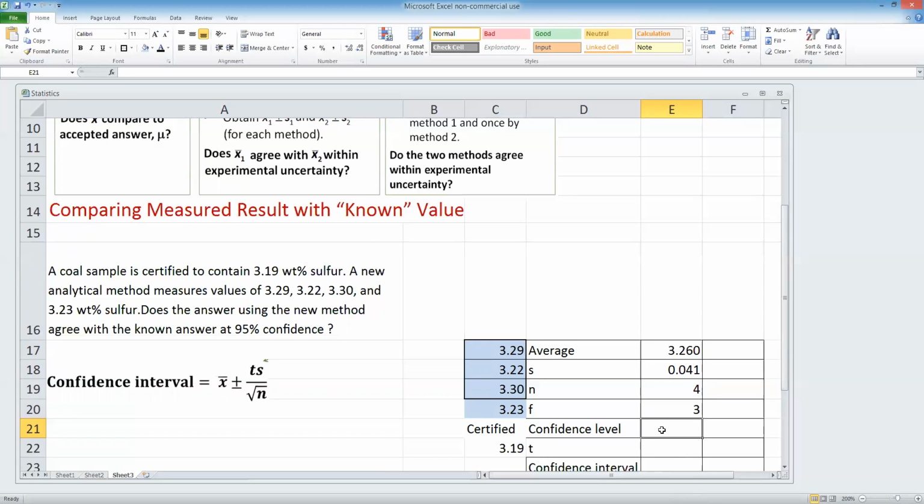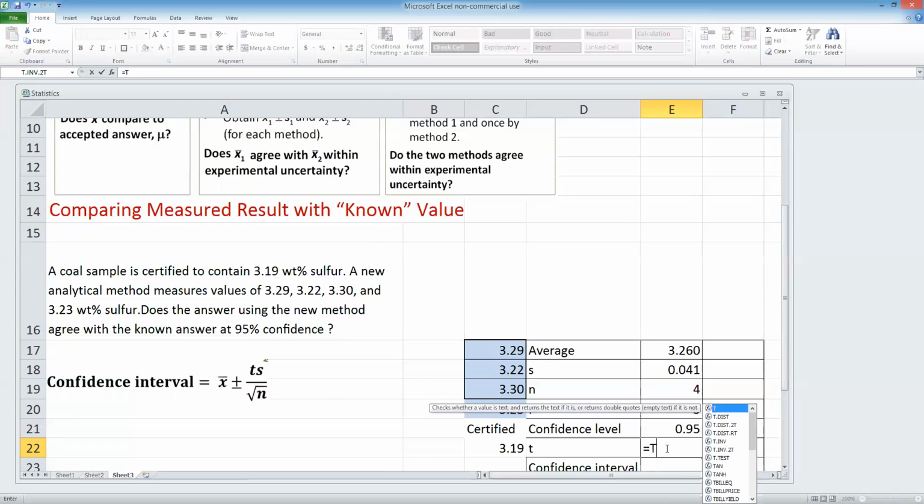So then you find the confidence level, that's 0.95. And then you can get the student t based on the degrees of freedom and the confidence level. That's T dot. You can see there are many student t functions. You select student t inverse, two-tail.